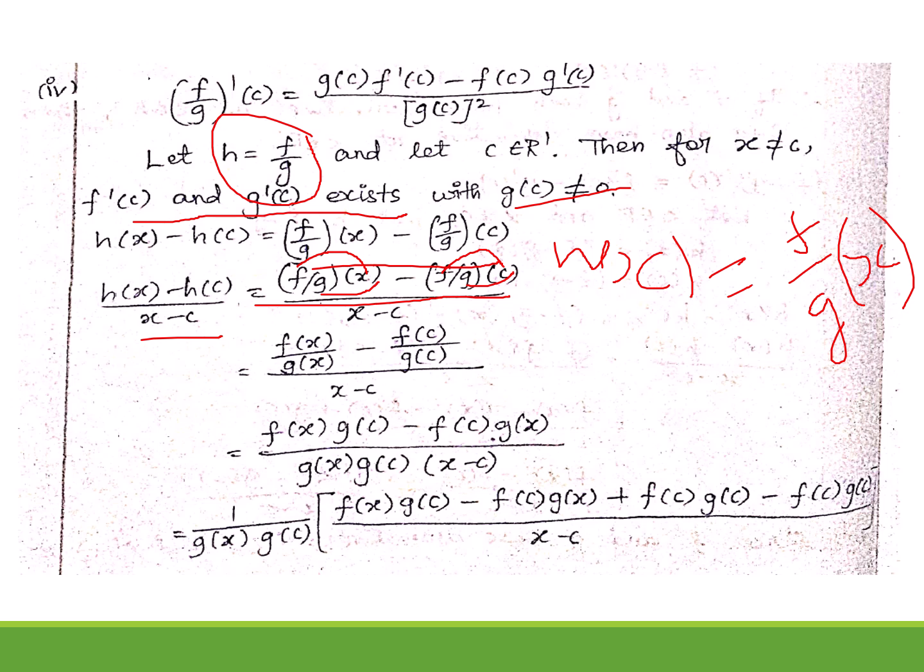Next, cross multiplying the functions, [f(x) into g(c) minus f(c) into g(x)] divided by g(x) g(c), divided by x minus c.